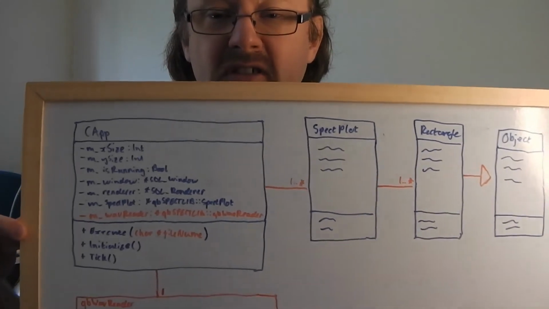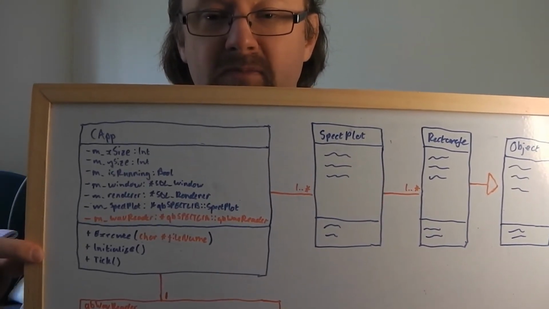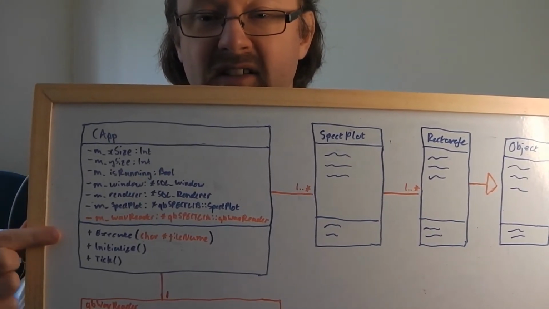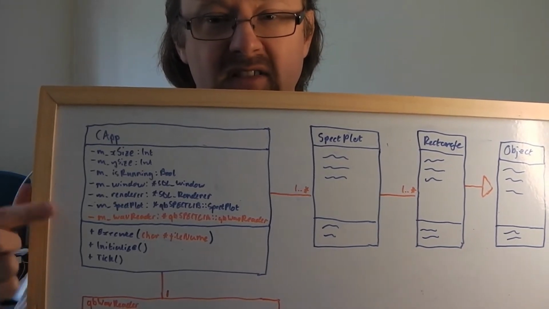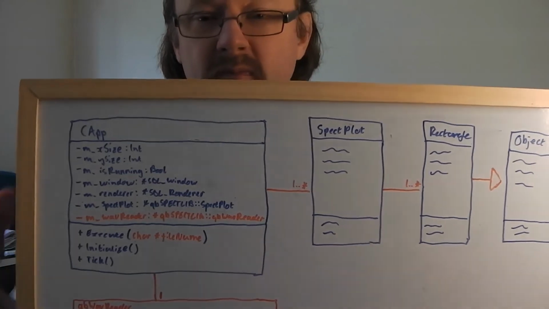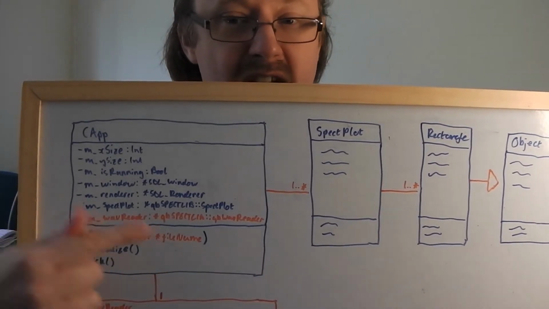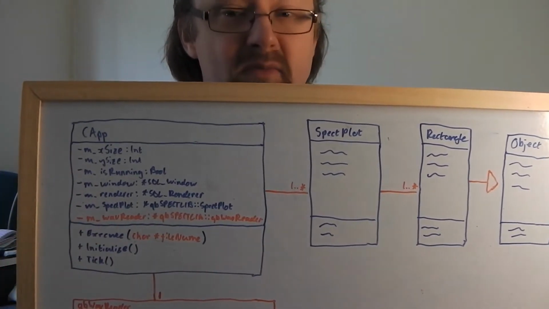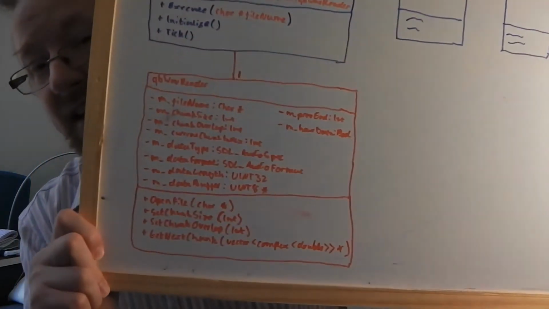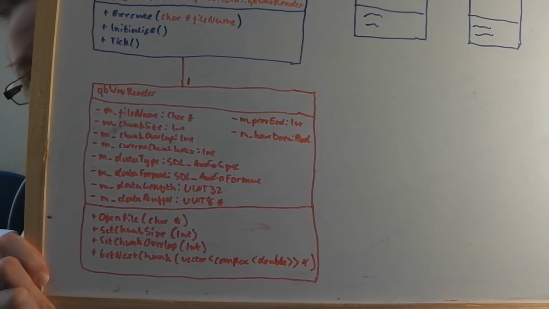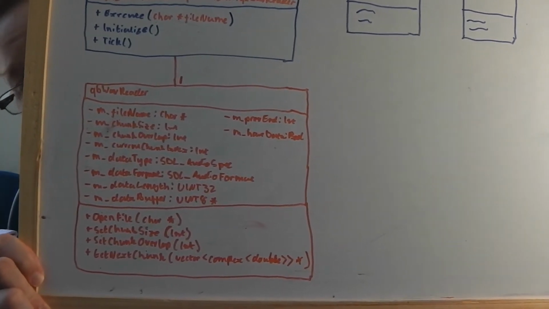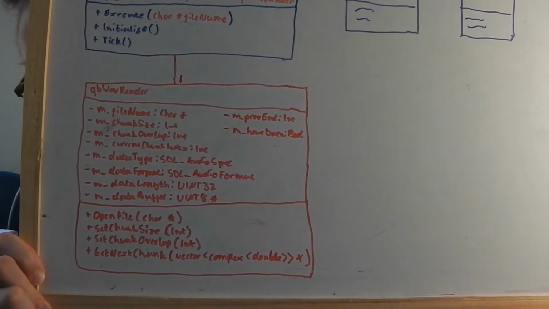The additional code that I've put in is highlighted here in red. What I've done is added a QBWaveReader class to CApp, which you can see referenced there in red. Everything that's in blue is as it was before, and you can see there the outline of the QBWaveReader class.